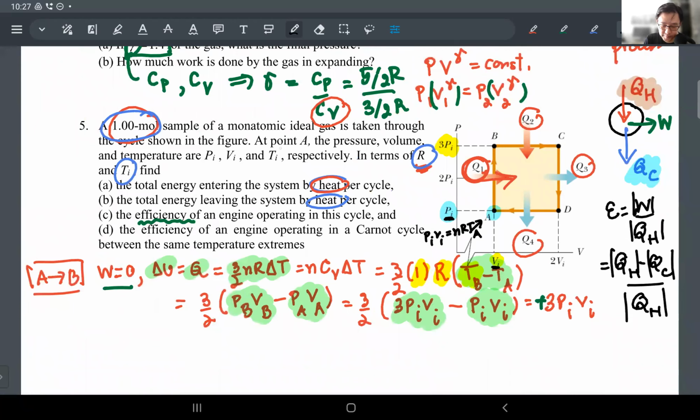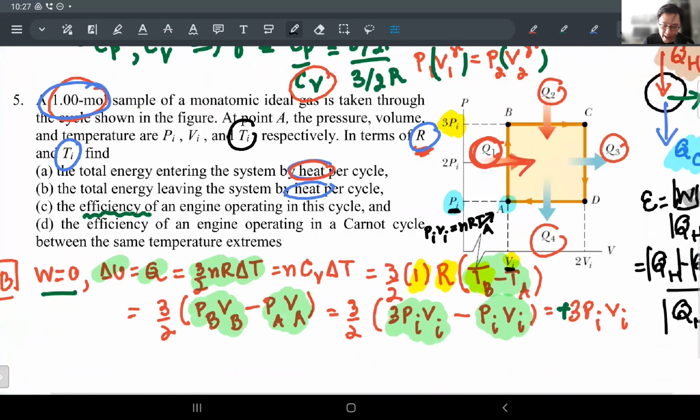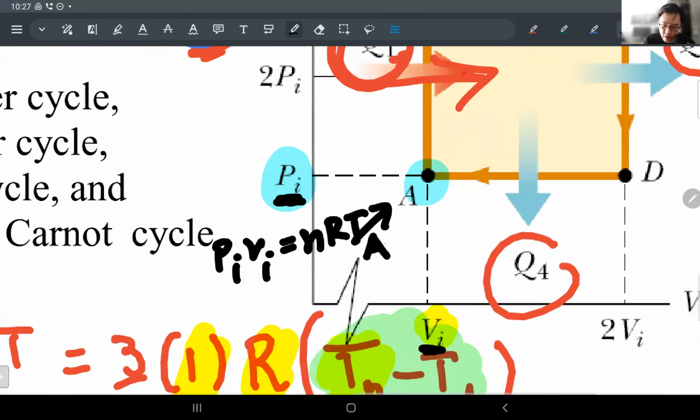So the temperature at point A is T sub i. Because we know it's 1 mole of gas, n is 1. So that is 1 times R times T sub i.